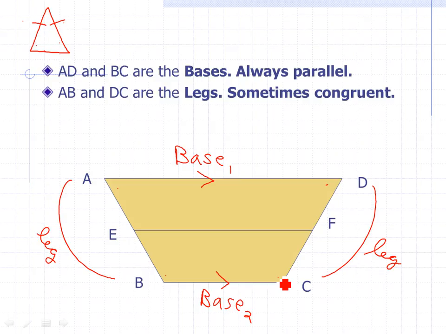Now I drew in this extra segment going across here, segment EF, because that's something special. What does it look like point E is there? Midpoint. I would write that right there. E is a midpoint. What does it look like F is? Midpoint.